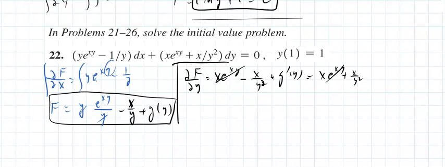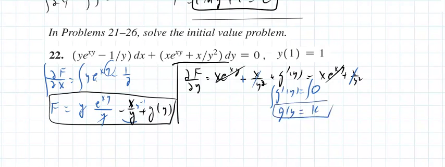Let me just check. What did I miss? Negative xy, that is right. I messed up the derivative here. When I took a derivative of this, since that's y to the negative 1, that becomes a positive. Those cancel out. So g prime of y equals 0. And if you integrate, g of y is simply a constant. Call it k.